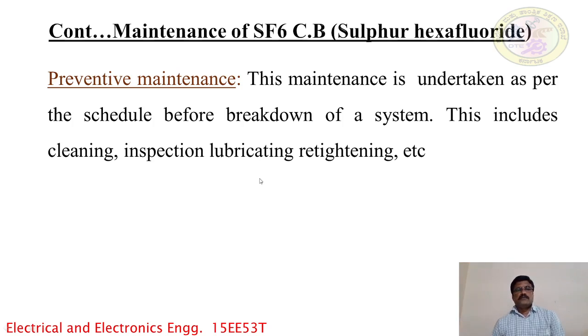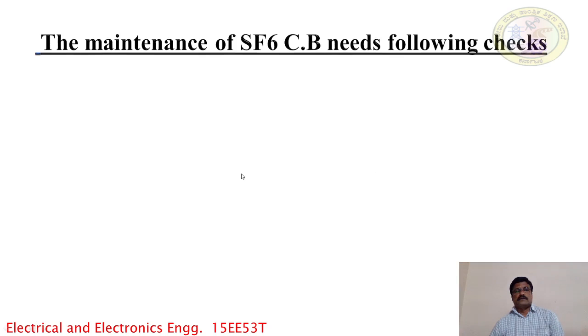So preventative maintenance is needed as per the schedule before breakdown. That is important before breakdown of a system. This includes cleaning, inspection, lubricating and retightening. So this is the criteria for preventative maintenance of a circuit breaker.